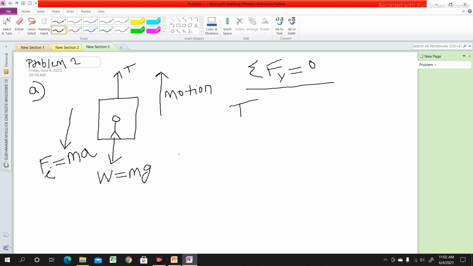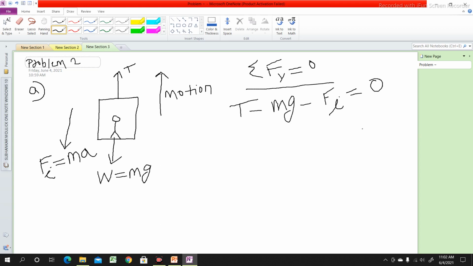I assume that vertically upward is positive y-axis and vertically downward is negative y-axis. Then it will be T minus weight of the man, that is mg, minus inertia force, that is Fi, is equal to 0.